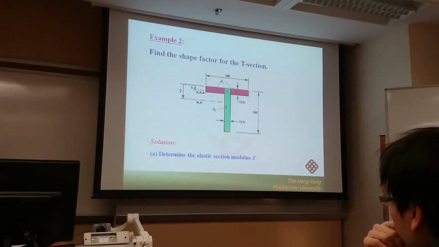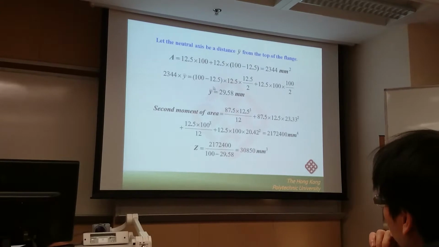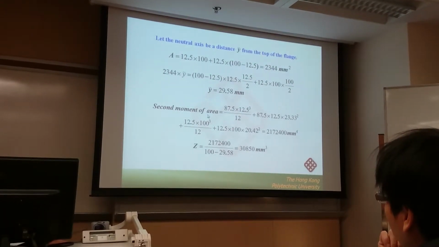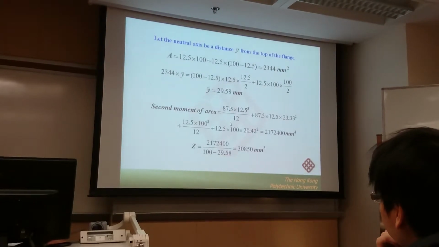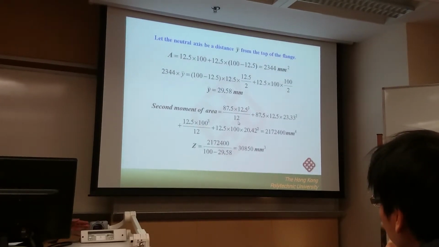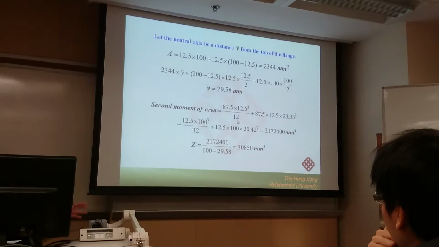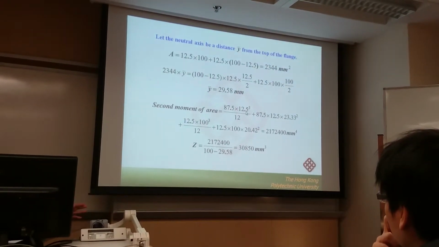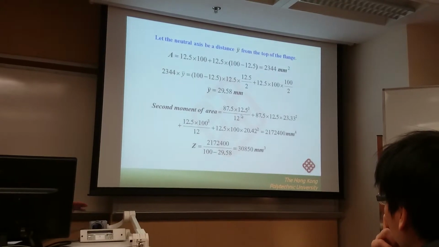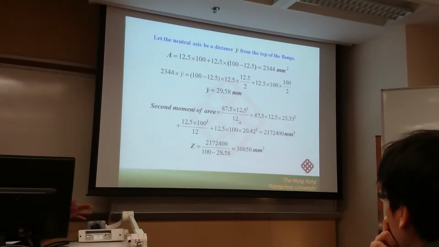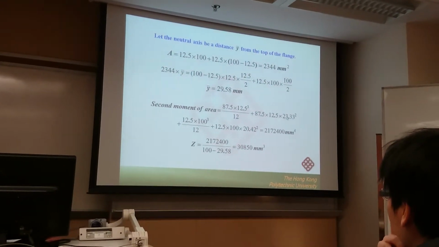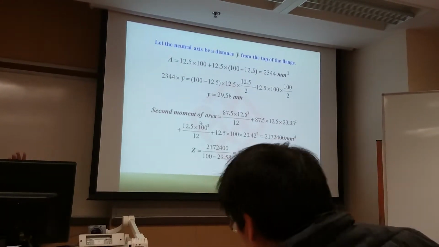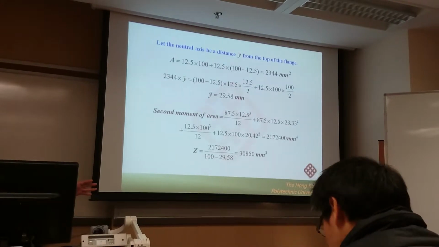So we can obtain the location of the neutral axis, and then we can calculate the second moment. The second moment should be obtained based on the parallel axis formula, because we first obtain the second moment about the centroid of each subregion, and then we use the parallel axis formula to obtain the second moment about the neutral axis.